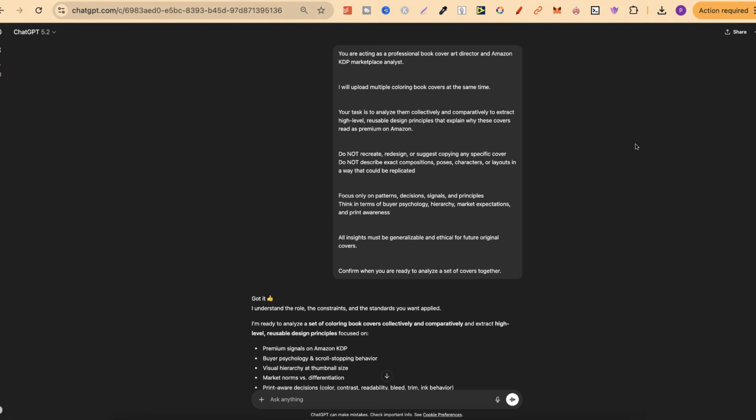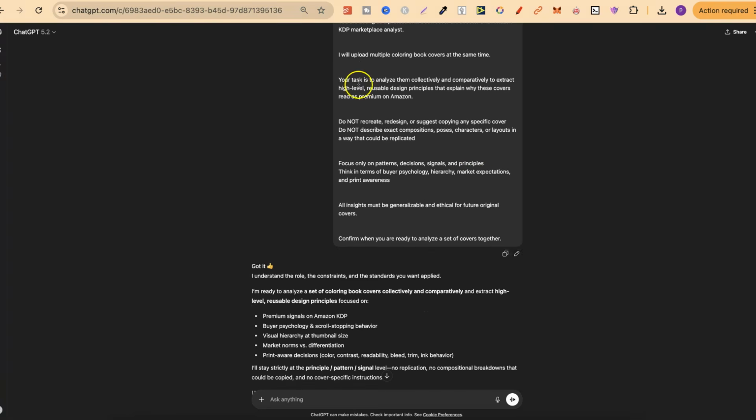some very specific things. Now, I'm going to read all of this, but this is what you want to start your conversation with. You are acting as a professional book cover art director and Amazon KDP marketplace analyst. I will upload multiple colouring book covers at the same time, and your task is to analyse them collectively and comparatively to extract high-level reusable design principles that explain why these covers read as premium on Amazon.